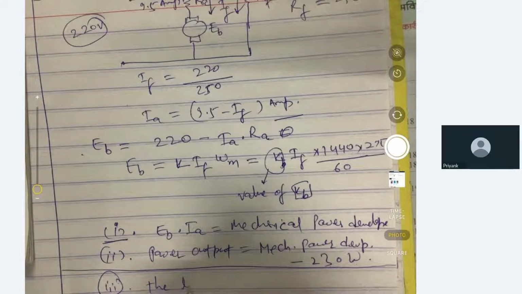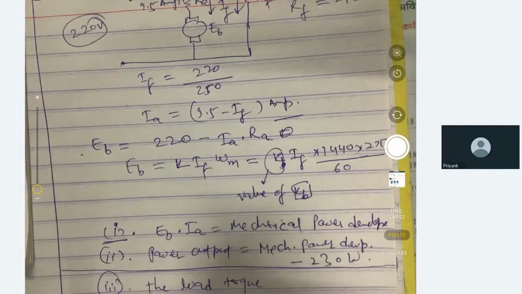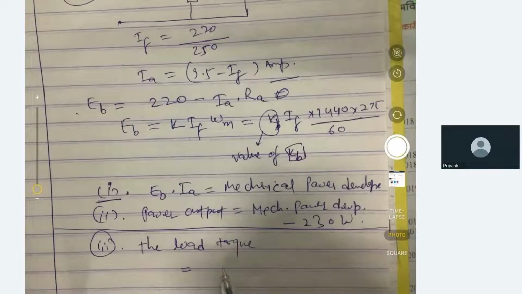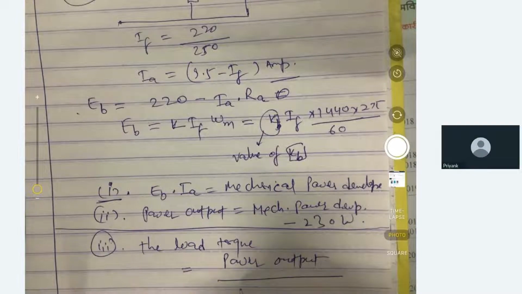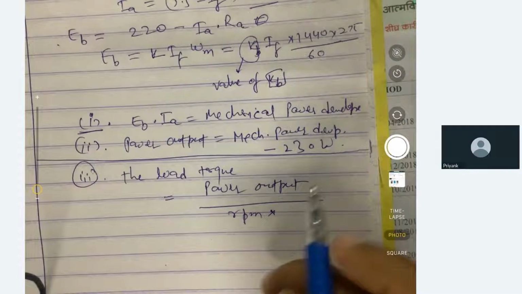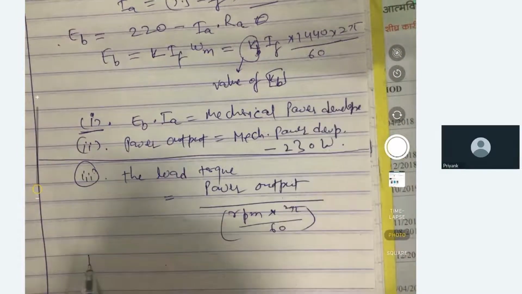The load torque will be the power output divided by the speed in radians per second, that is RPM into 2 pi upon 60.